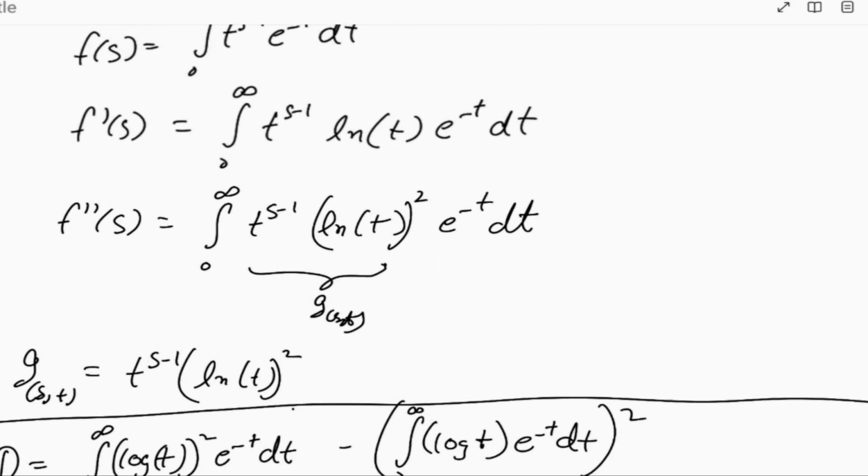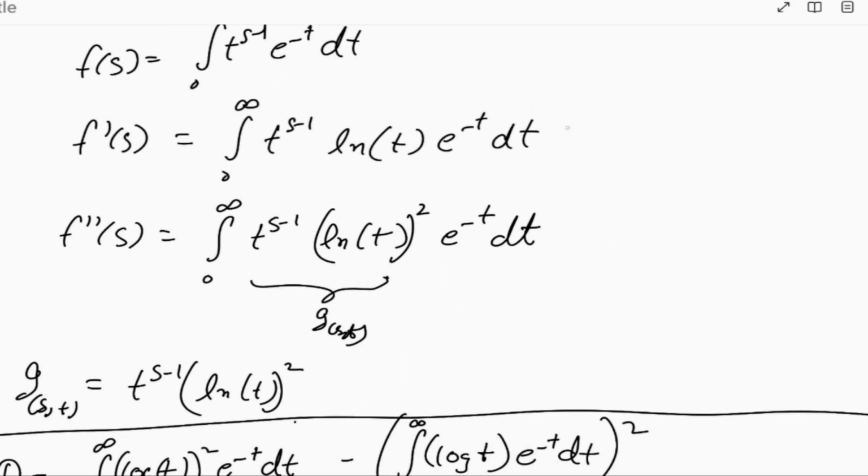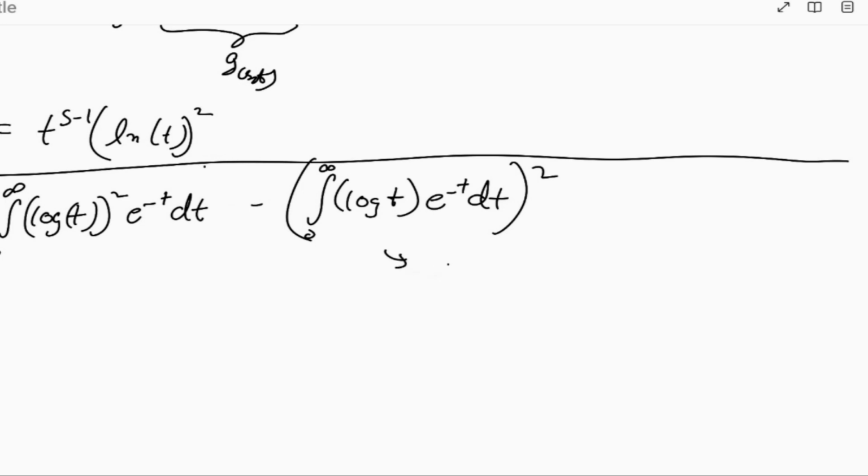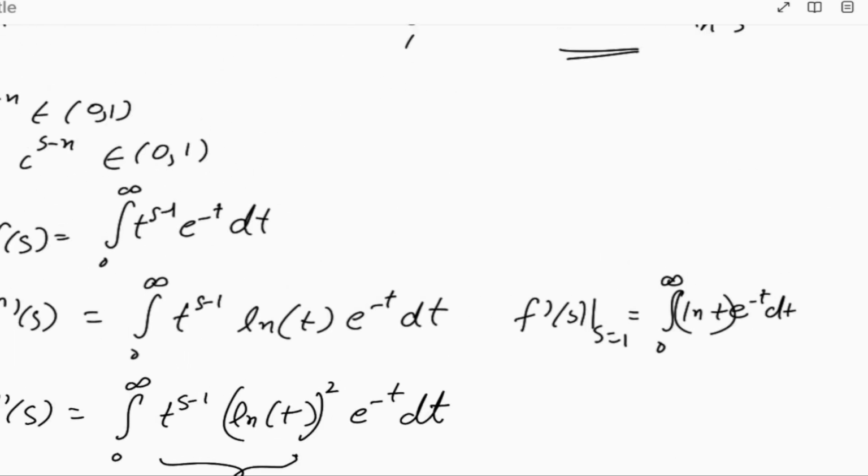If I plug in f dash s at s equals 1, this term becomes t to the power 0, and I'm left with 0 to infinity ln t e minus t dt, which is what we have here. So this becomes f dash at 1.